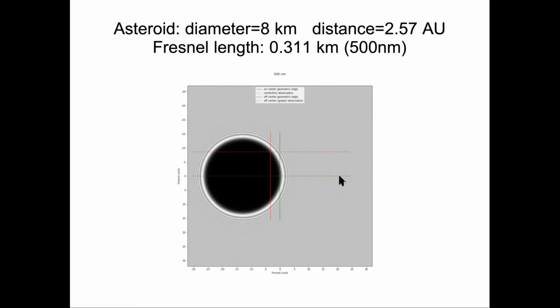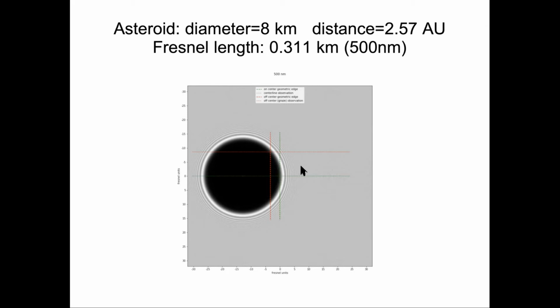If you were so fortunate to be on the center line, this is where you would be. I imagine that this asteroid is moving left to right in this manner. The geometric edge, if you were on the center line, occurs right here, which is, as you can see, still kind of in the dark region. And that is a common feature of diffraction. And you can see it from our diffraction curve.